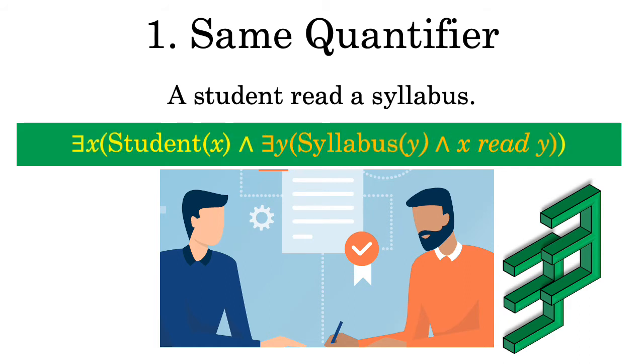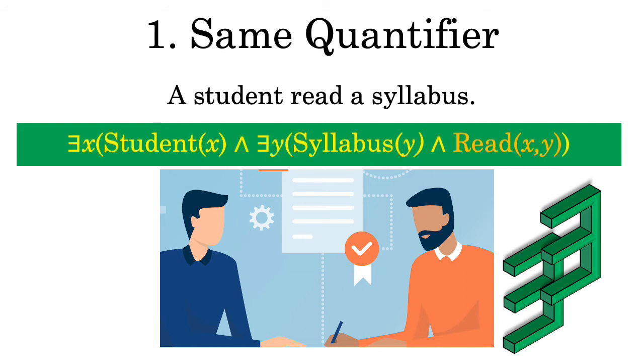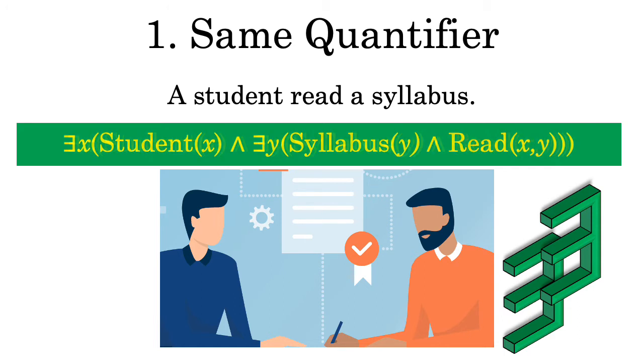As before, we know how to translate x read a syllabus. That's going to say there exists a y such that y is a syllabus and x read y. And once again, we get to a simple two-place predicate, in this case x read y, which we just translate this way. So if we read this literally, what it says is, there exists at least one x such that x is a student, and there exists at least one y such that y is a syllabus, and x read y.